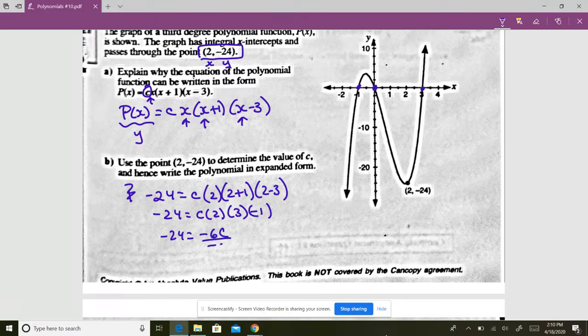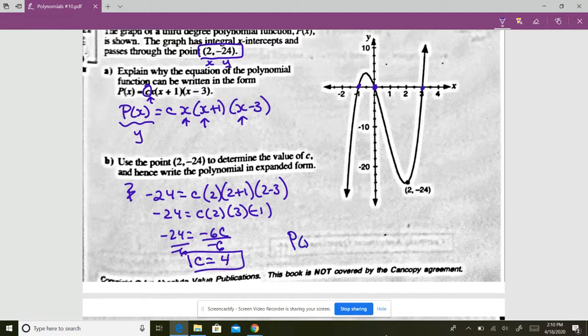Solve for c, I just divide out the -6, and I get c is equal to 4. The equation of this graph is f of x is equal to 4, and then you just write in all the factors, x plus 1, x minus 3.